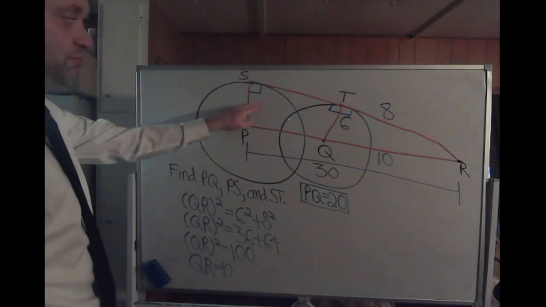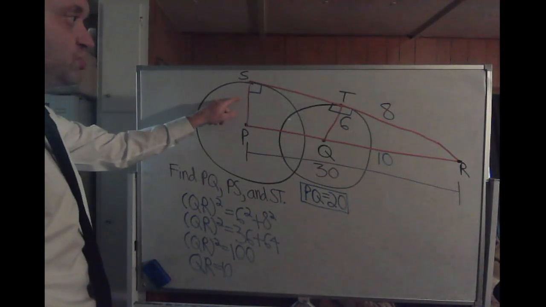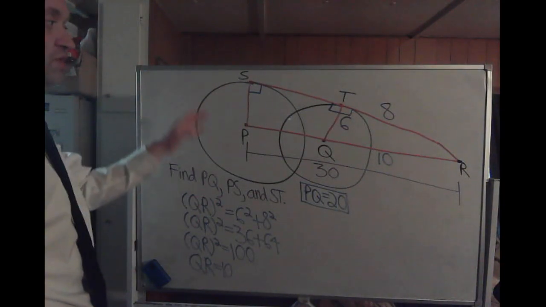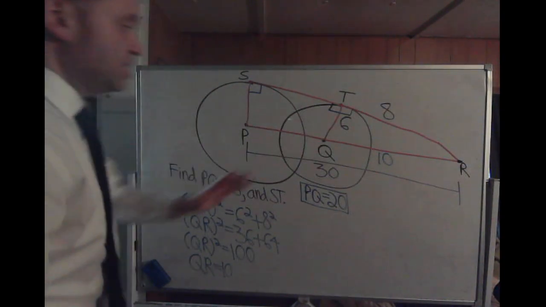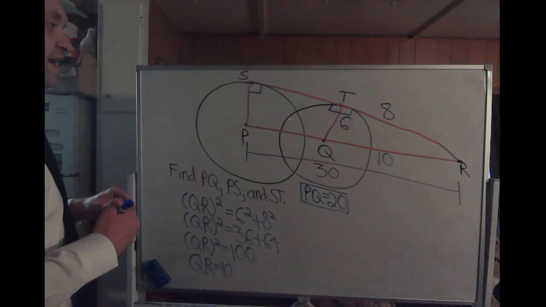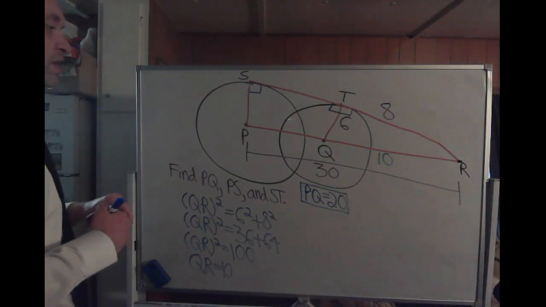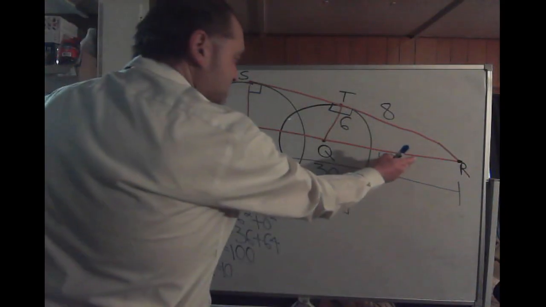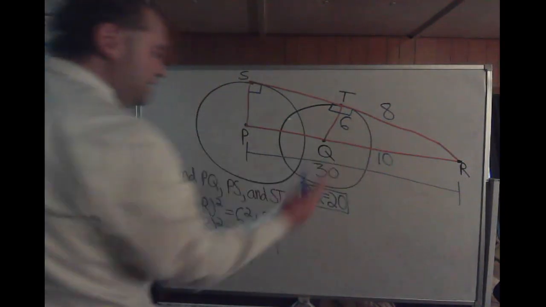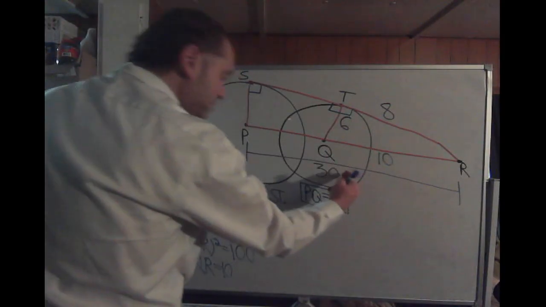Because on the big circle, PS is tangent to SR at the point of tangency. So you actually have a big right triangle. Well, we notice that the smaller right triangle has QR with a length of 10 to the length of the whole side PR, 30.